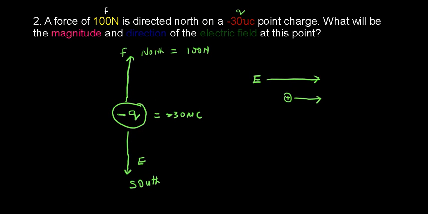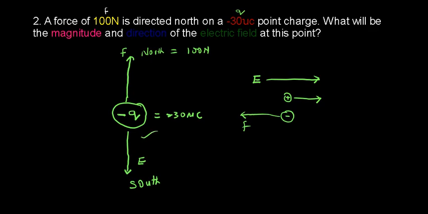I hope you remember that. But when you bring a negative charge to it, it's going to move in the opposite direction. So if you had paid attention earlier, you will get this right. I hope that is clear for you now.